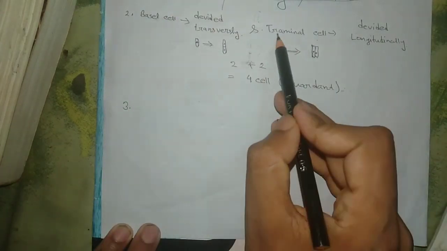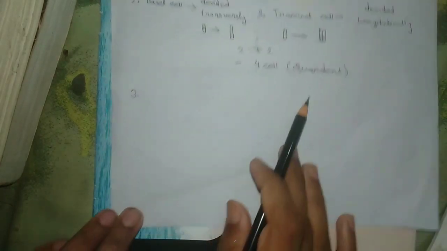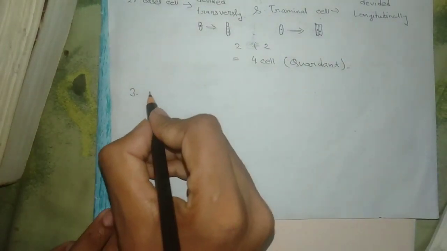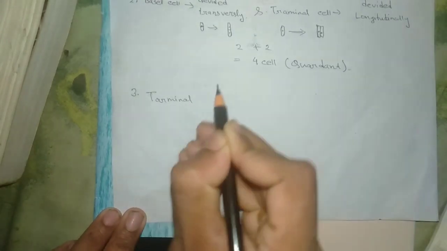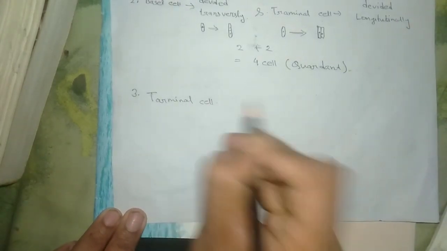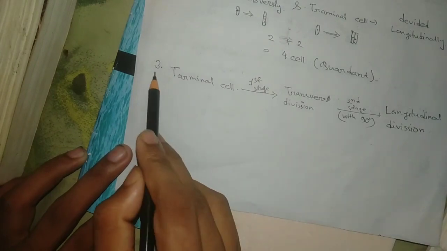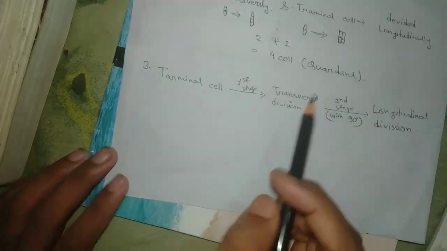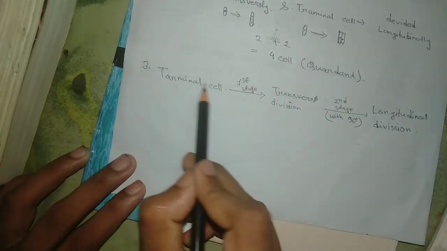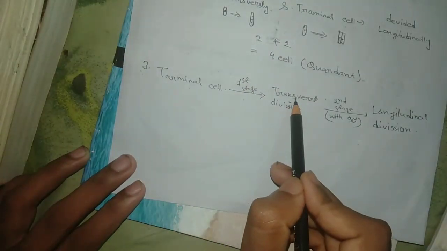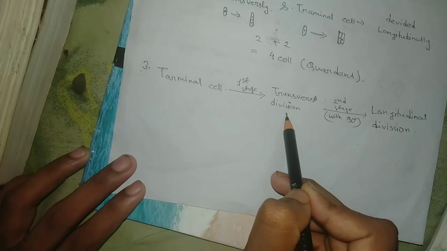Third stage, terminal cell. In number 3 point, for the terminal cell, in the first stage we can see transverse division.